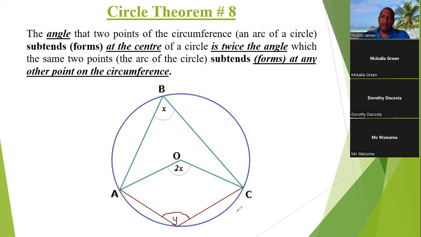This angle is now formed at the circumference below the line, below the points A and C. So which angle would be twice as Y? Guys?